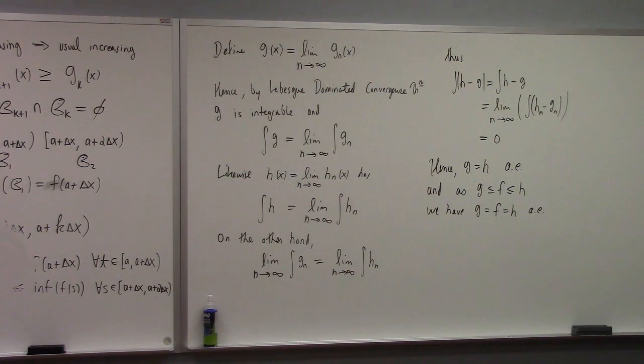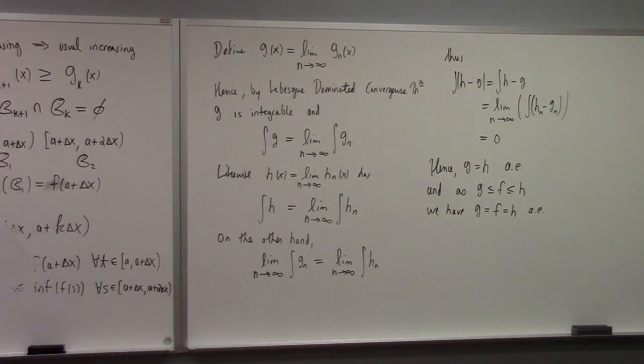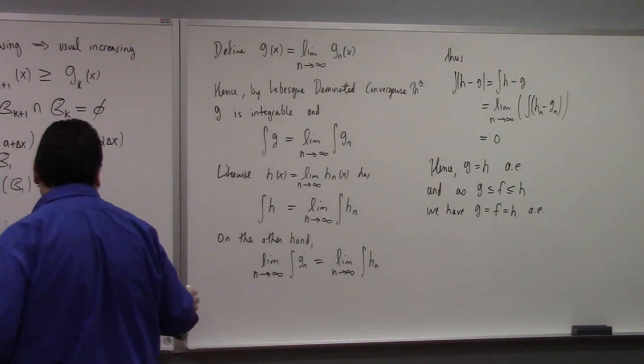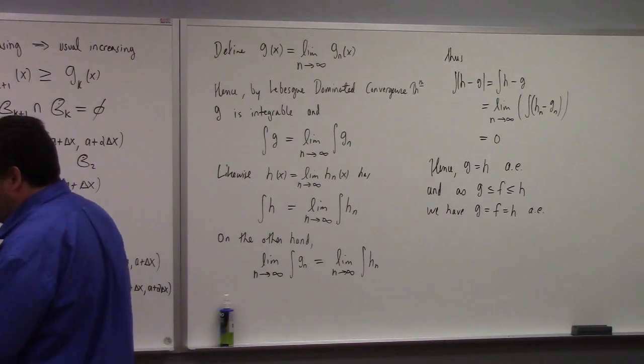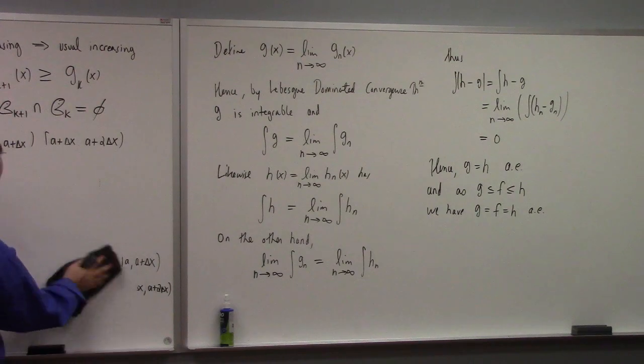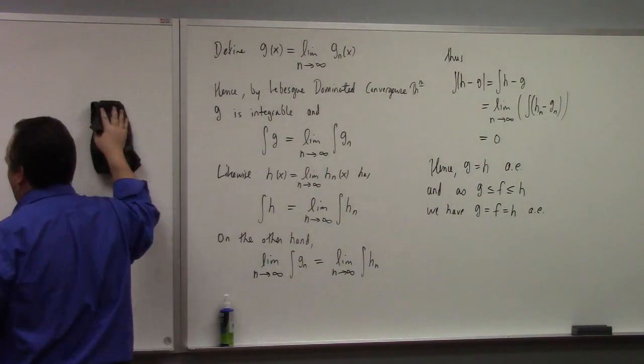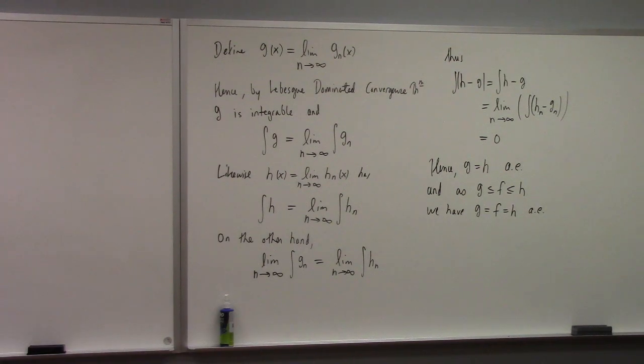The way I teach it to students is, it doesn't matter if you use the left or the right or the midpoint rule, they all converge to the same thing, and that thing is the area. Well, that's true as long as the function you're integrating is Riemann integrable. If you have a function which is not Riemann integrable, that might not happen. So anyway, continuous functions are Riemann integrable.